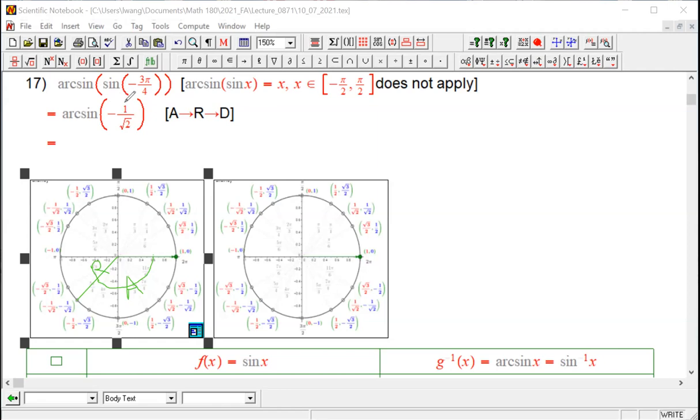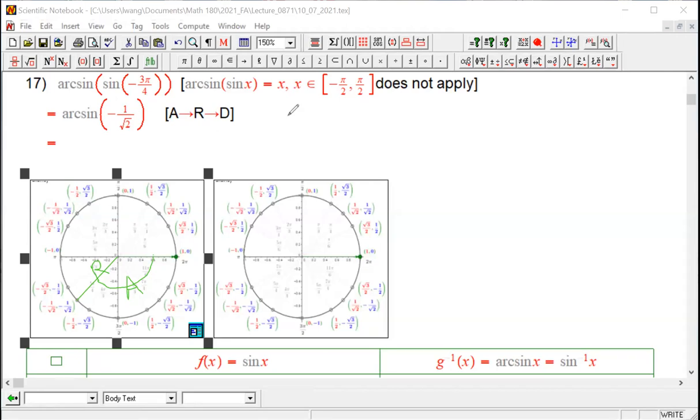And now we take the -1 over √2, because ArcSine will take a ratio, produce angle, but not any ratio. Ratio has to be between -1 and +1. An angle has to be between -π/2 to π/2.